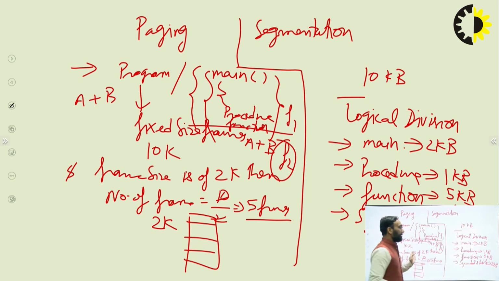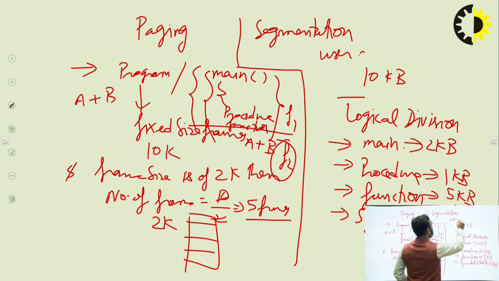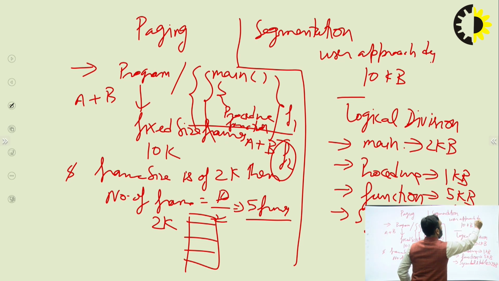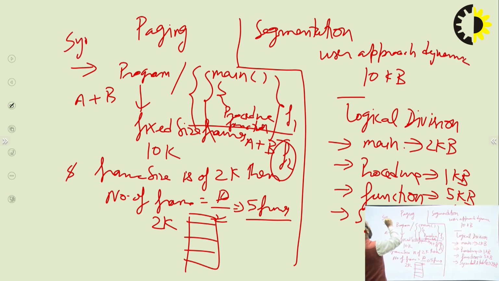But in paging, all are divided into a fixed size. So this is the basic difference between paging and segmentation. Segmentation is a user approach, or we can say dynamic. Paging is a system approach, or we can say static.